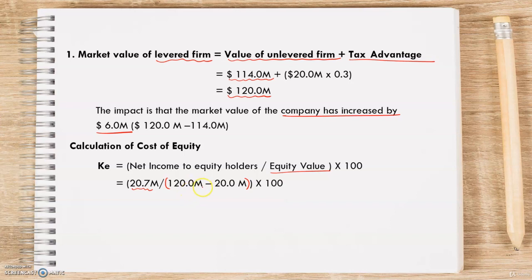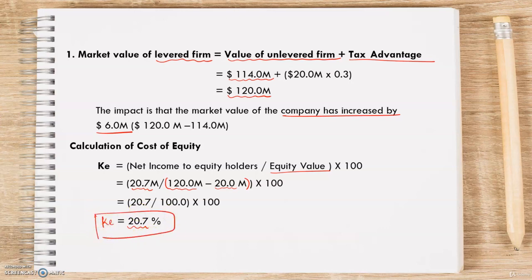Look at the impact: you take the overall value as 120 and deduct the debt of 20, so you get only 100. So 20.7 divided by 100 into 100. So what you are getting as cost of equity is 20.7%.